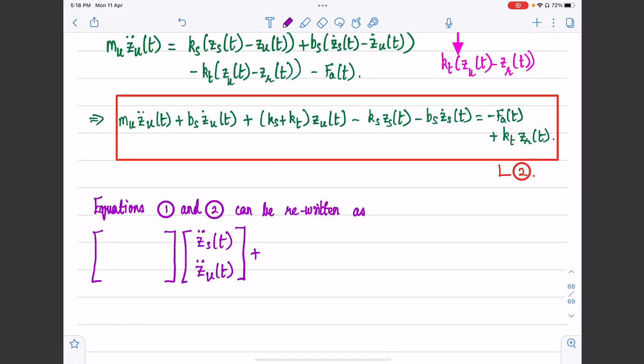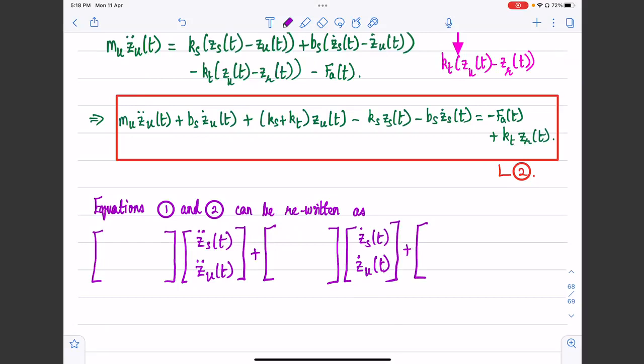I will fill up the matrices shortly; I'm first explaining the physics, and then we will fill in the blanks. The second term is going to involve the damping term, which involves the first derivatives of Zs and Zu, so we'll have Zs dot and Zu dot. Then the third term will involve the stiffness terms, so this will have Zs and Zu.